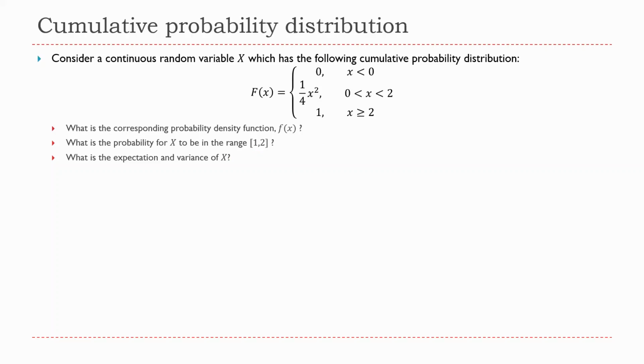The corresponding probability density function, well, given that the cumulative probability distribution is the integral of the probability density function, then it should be clear that the probability density function is just a derivative of the cumulative.